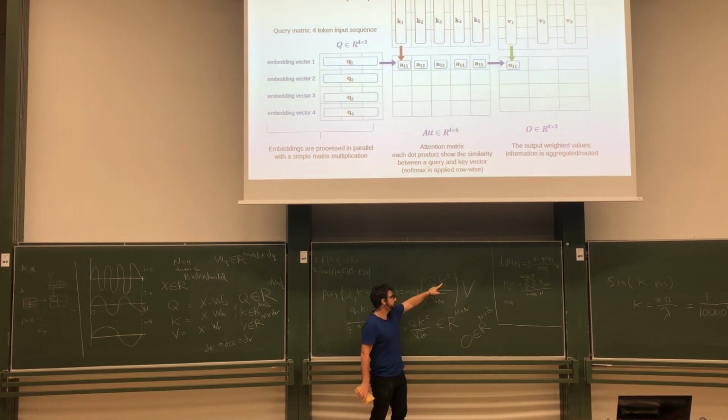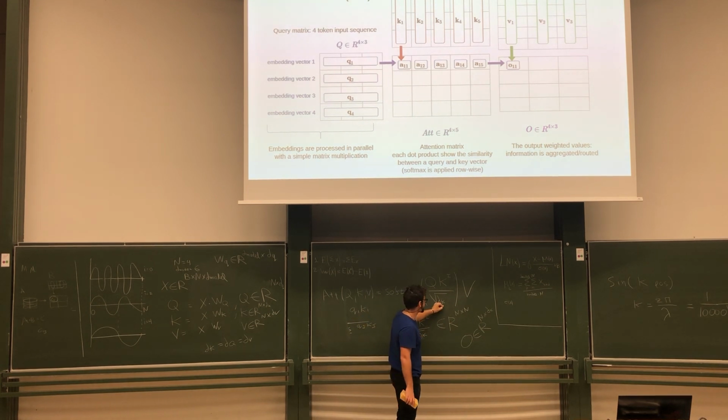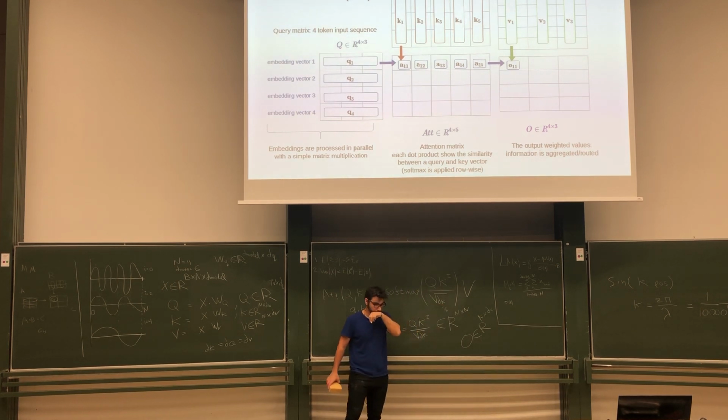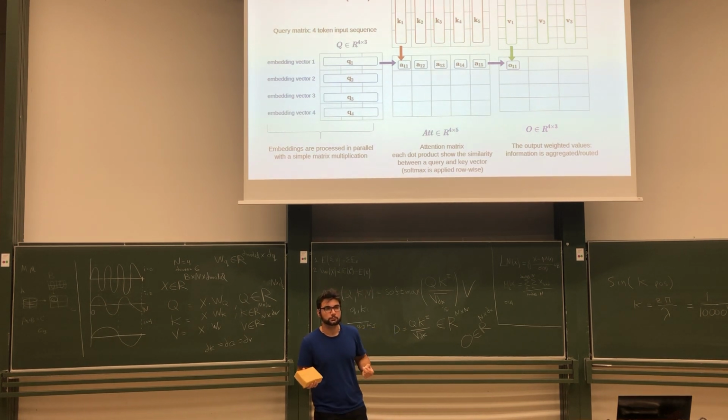So basically we have this n by n matrix and we scale all its elements by the square root of dk. dk, let's say in the transformer paper, is something like 64. So why do we need to scale down all the values? Any ideas?